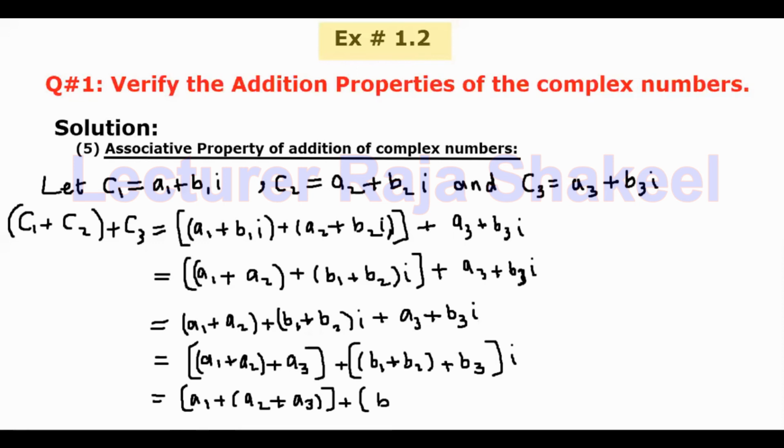So these will follow the real number properties. Hence b1 plus b2 plus b3. The arrangement of the brackets has been changed due to the associative property of the real numbers.